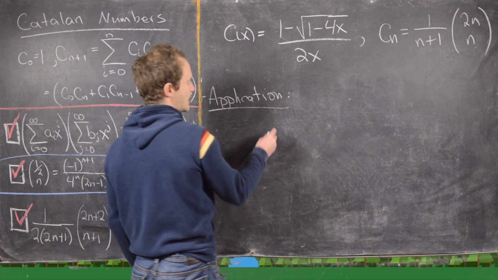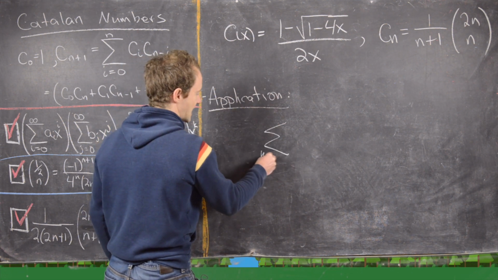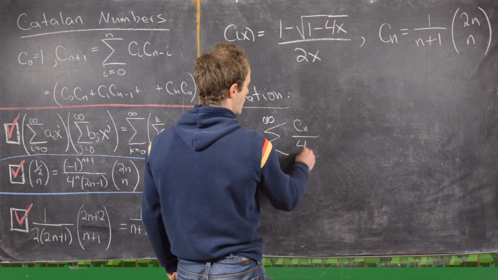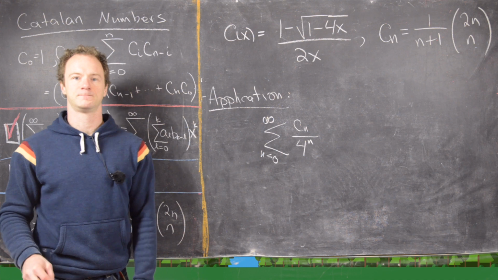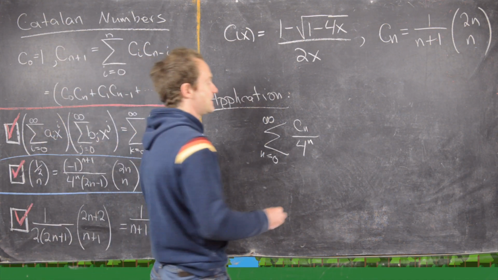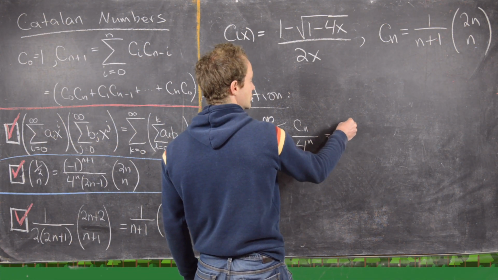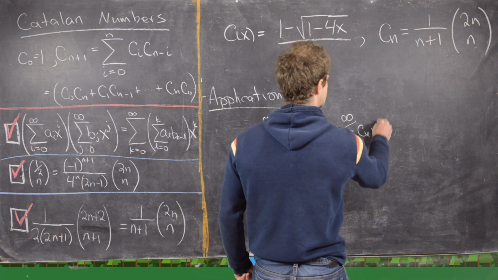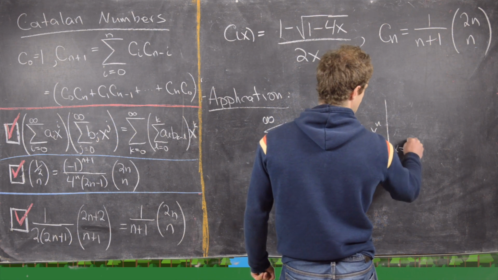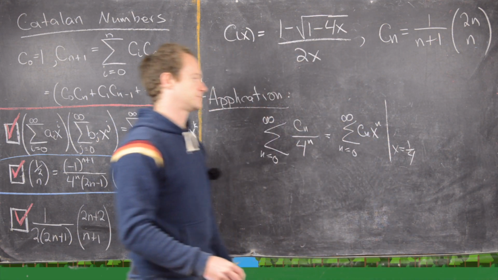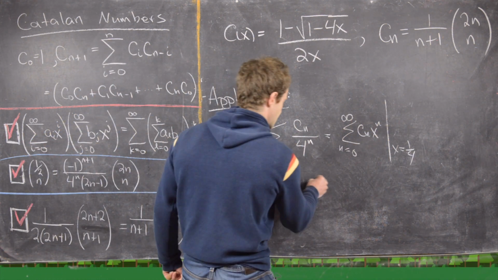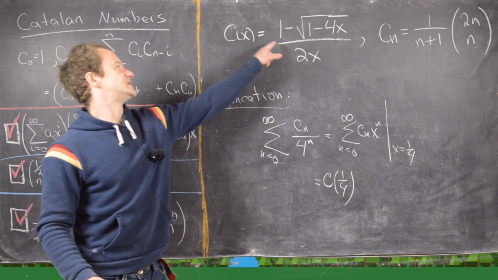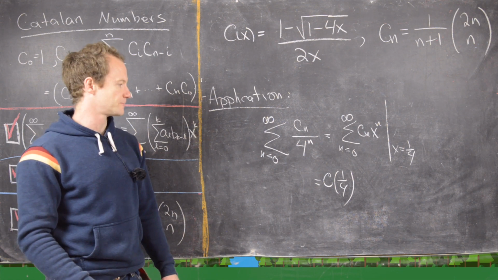Notice here we can see a nice quick application. Let's say we had the goal of finding the sum as n equals 0 to infinity of c_n over 4 to the n. That is exactly equal to the sum n equals 0 to infinity of c_n x to the n, where we set x equal to 1/4. In other words, this is c of 1/4, where c of x is given by this thing up here.